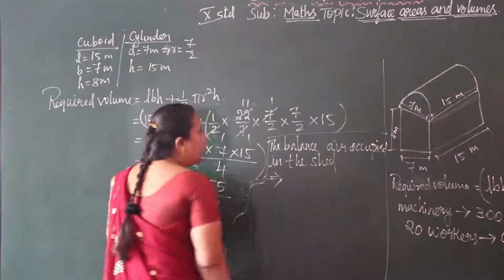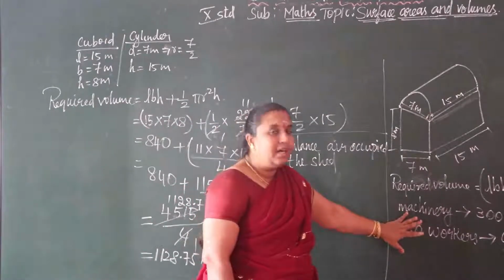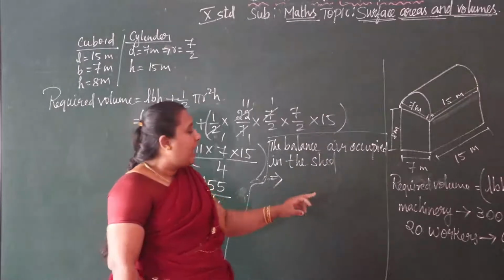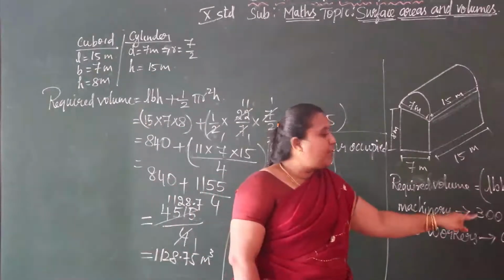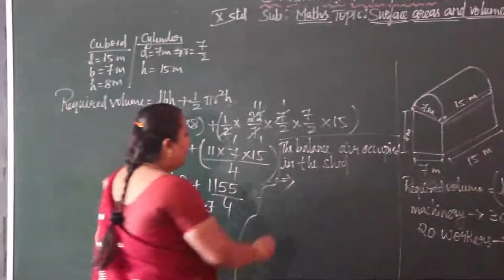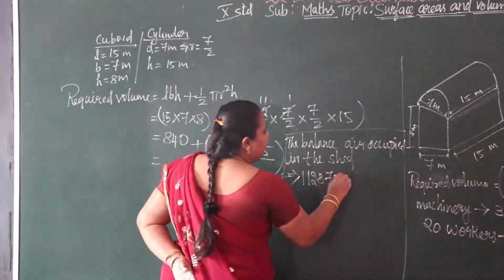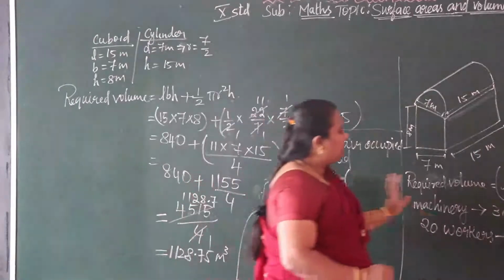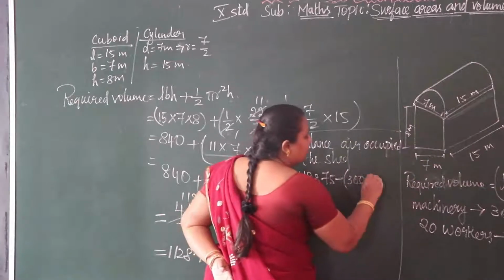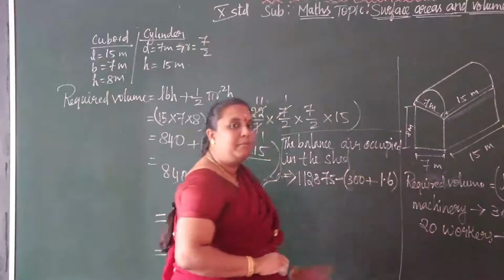That is, we have to take this and subtract it from the total air occupies. The machineries occupy 300 meter cube and the 20 workers occupy 1.6 meter cube. So we have to subtract this from the total air. Total air is 1128.75.